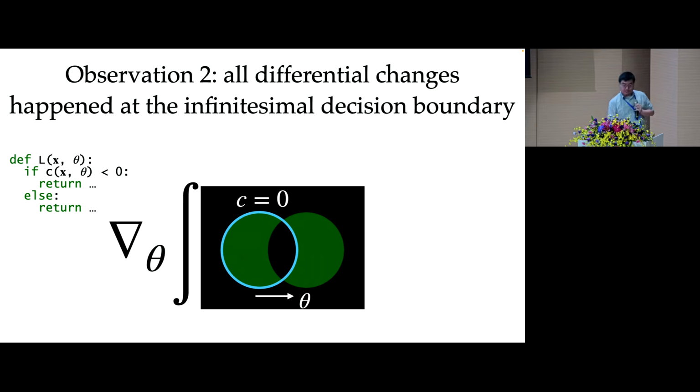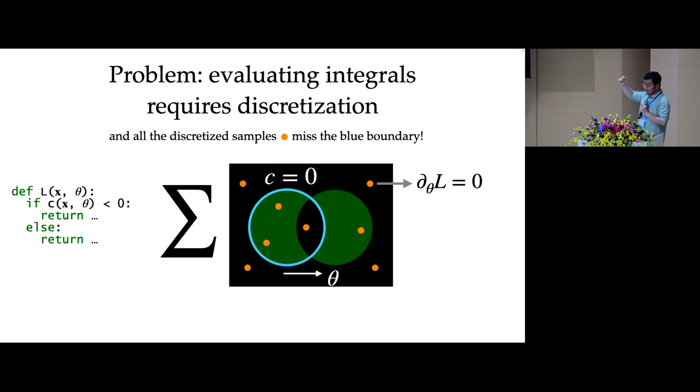Unfortunately, when we're evaluating integrals, usually these integrals do not have closed form, so we need to discretize the integral. By discretization, we mean putting a bunch of these yellow points, evaluating the integral at these yellow points, and then approximating the integral using these yellow points. If you ask for the derivative of L with respect to theta at all these yellow points, they will only look at their infinitesimal neighborhood, and none of them will actually interact with this blue circle, right?